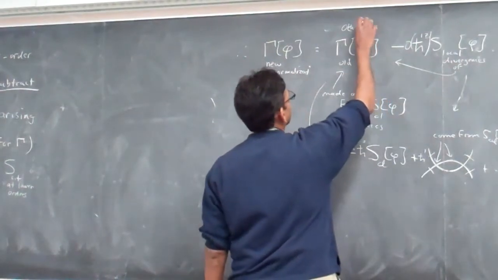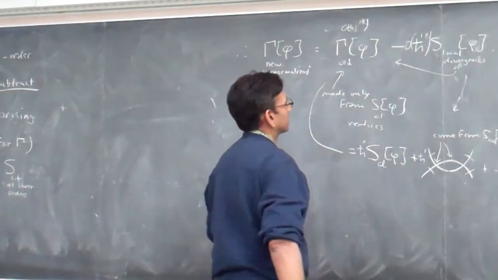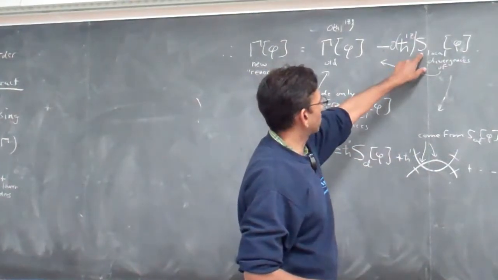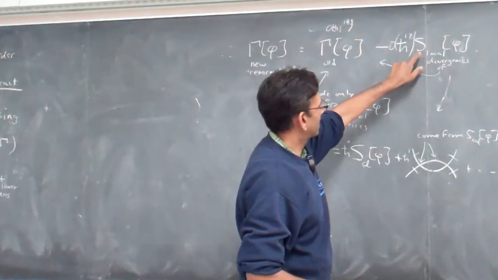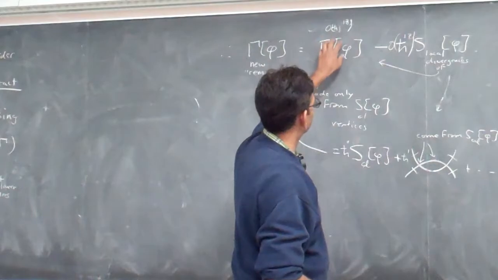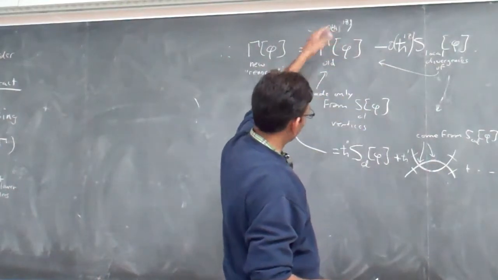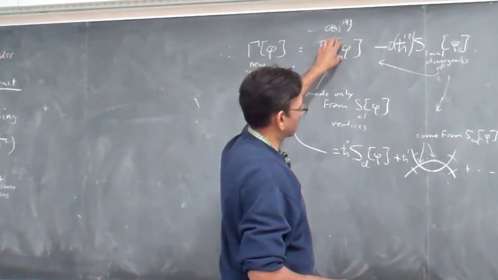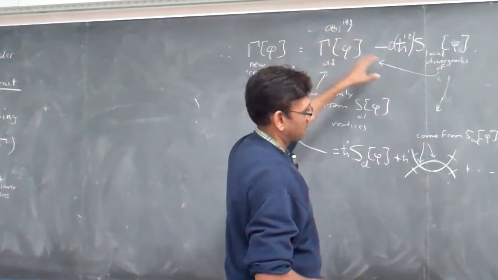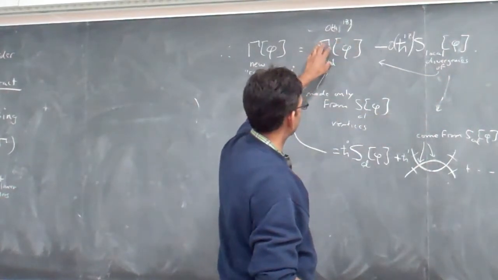And then you calculate order h bar to the 18th, which means that some of these order h bar to the 17th counterterms can appear in loops. And then, of course, there are all the 18 loop diagrams you can draw, starting from even the classical action, the renormalized action.